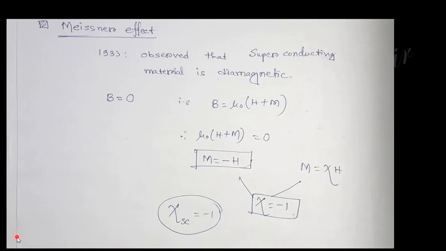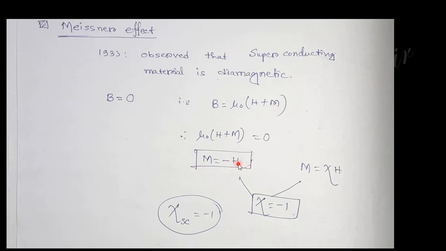Next thing is the Meissner effect, a very important phenomenon for superconducting material. It was observed in 1933. That is, the superconducting material is diamagnetic. How? If the superconducting material is diamagnetic, B is 0. So you know B equals mu naught times (H plus M). H is the external field and M is the magnetization.